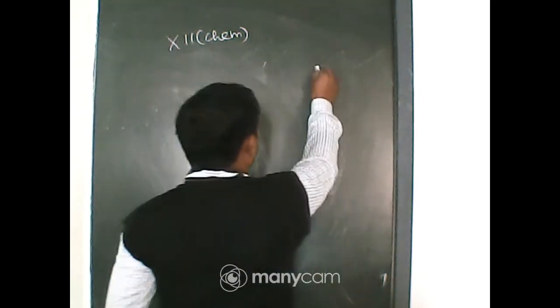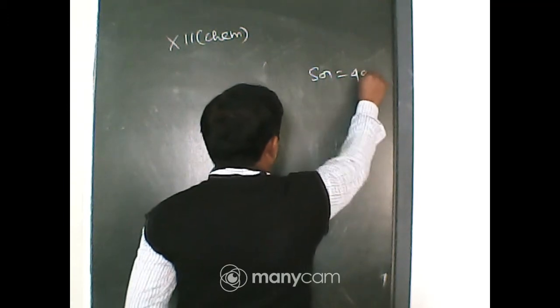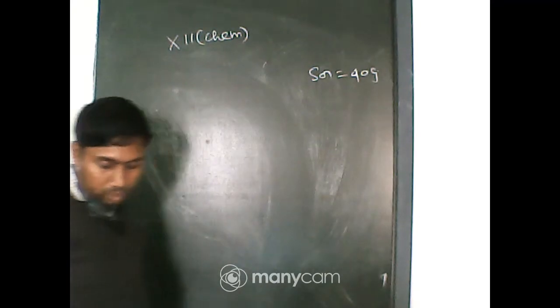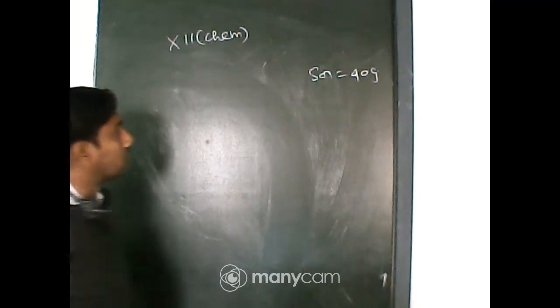So the solute's molecular mass is given, that is 40 gram per mole, and the next one is 114 gram of octane.